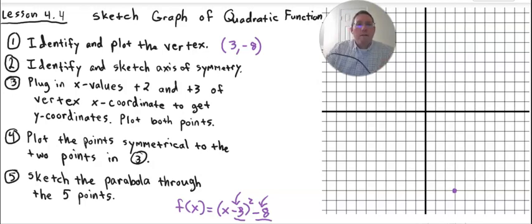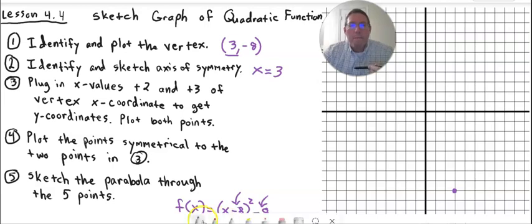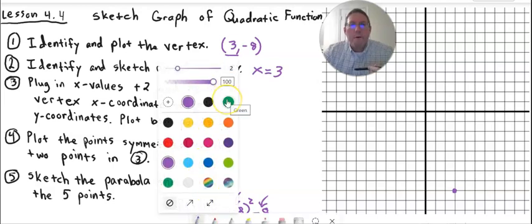Then it says identify and sketch the axis of symmetry. Well, we know that the axis of symmetry is the vertical line x equals whatever this x value is. So it's x equals 3. So it's a vertical line. I'm going to change the color here so we can see it a little better. So let's make this one green for now.